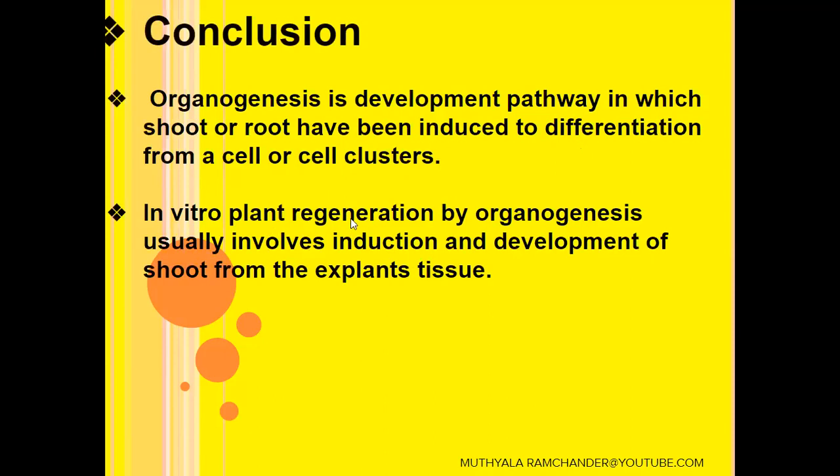In vitro plant regeneration by organogenesis usually involves induction and development of shoots from the explant tissues. That covers the definition of organogenesis, its types, its factors, and the conclusion.